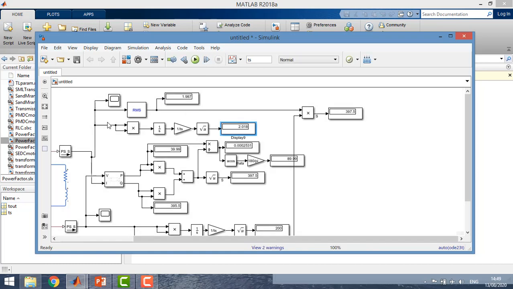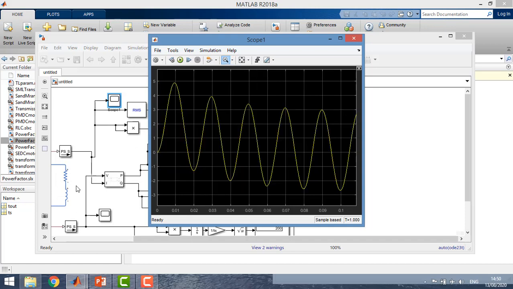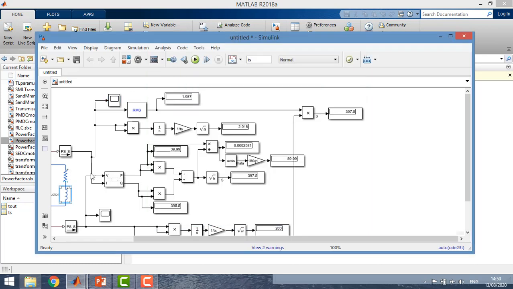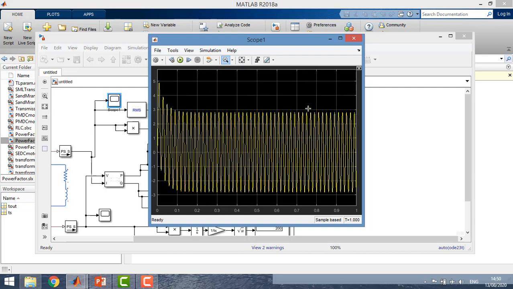This inaccuracy came from the fact that with the current there is a starting current to charge the inductor, so it's a little bit higher than the rated value.